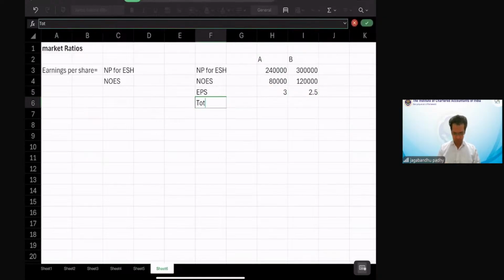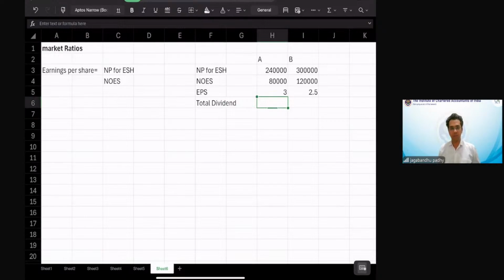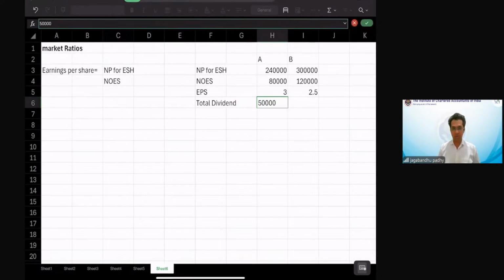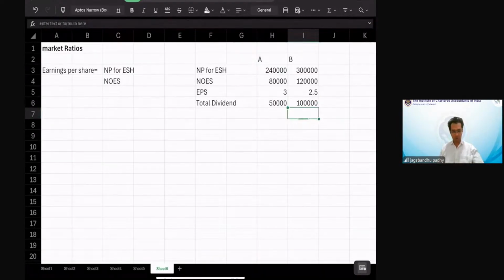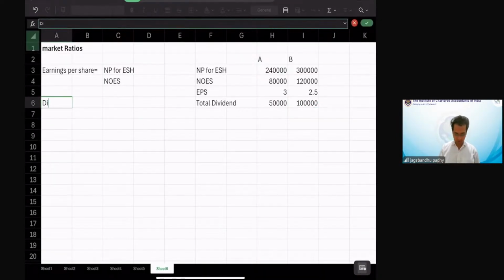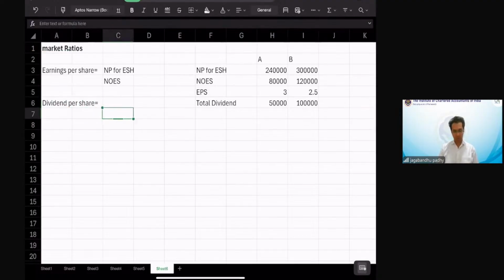Now, if I ask you, let's say total dividend paid by A is 50,000 and by B 1 lakh. How much did you pay as dividend per share?